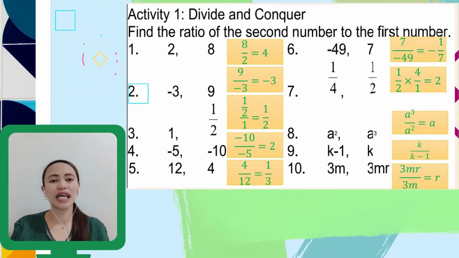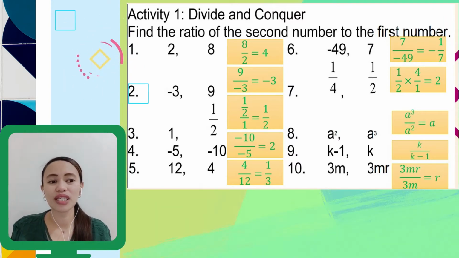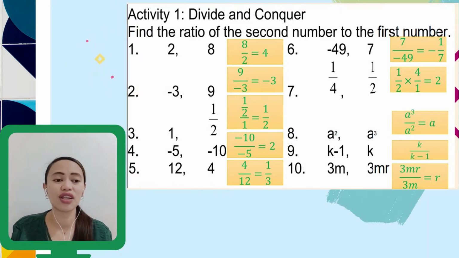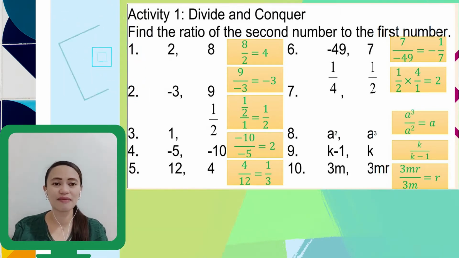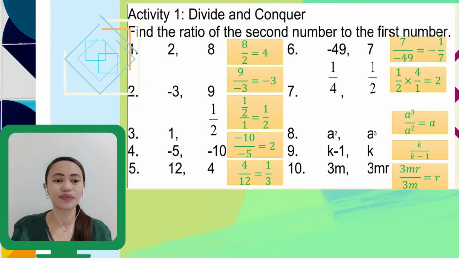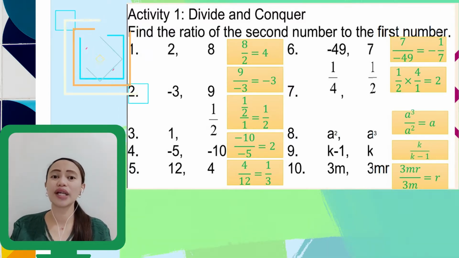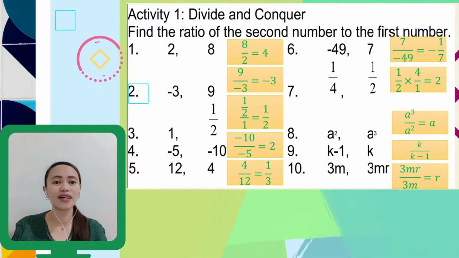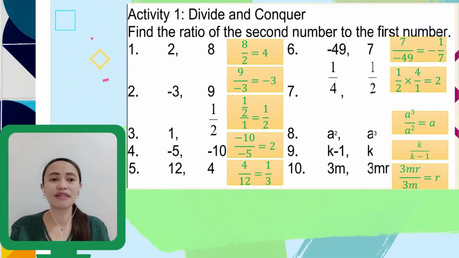Then we have 1/4 and 1/2. So we're just going to have the reverse of the other. So 1/2 times 4/1, which is equal to 2. Then let's have number 8, which we have a squared and a cubed. A cubed divided by a squared.